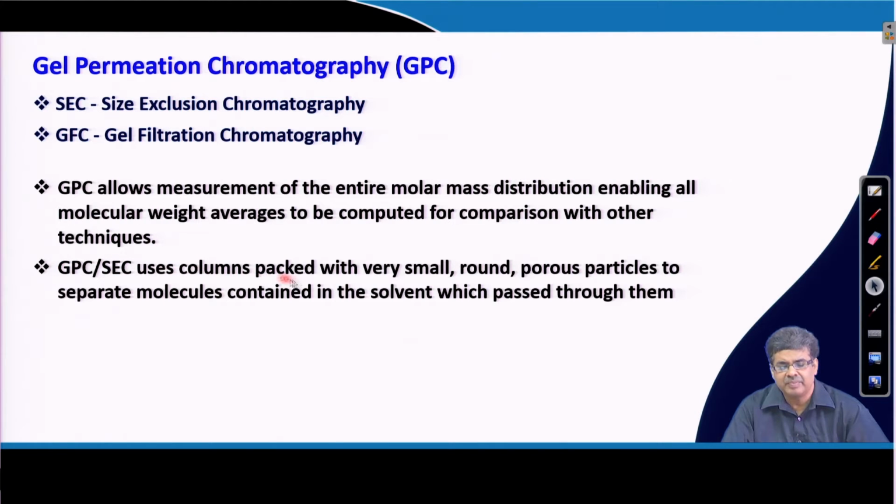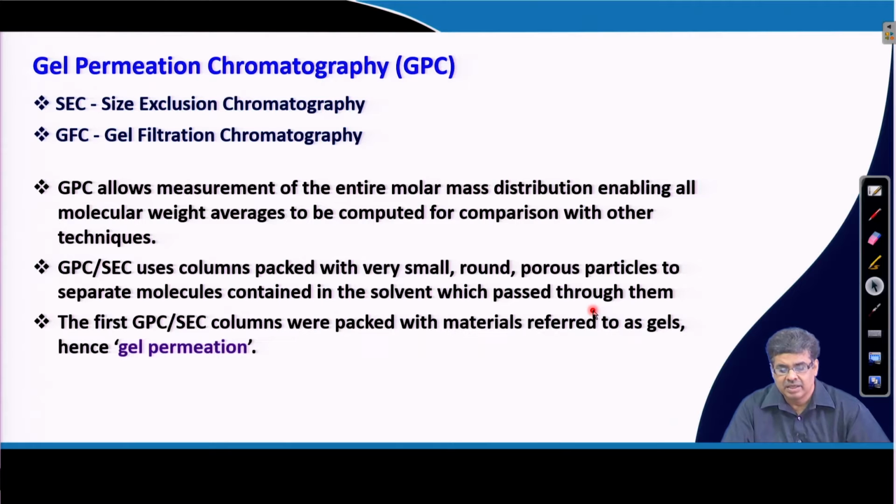GPC uses a column packed with very small round porous particles to separate molecules contained in the solvent which pass through them. The first materials used to pack the column were based on gels.